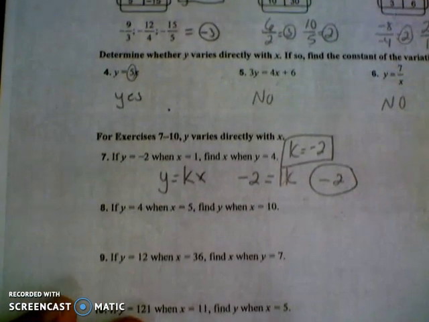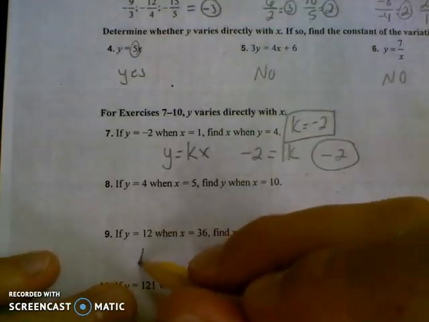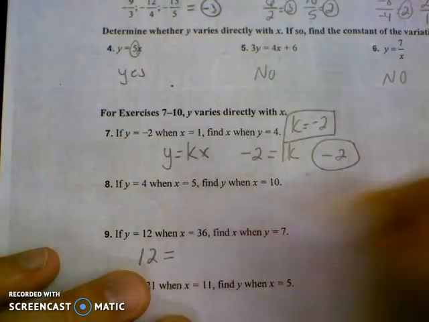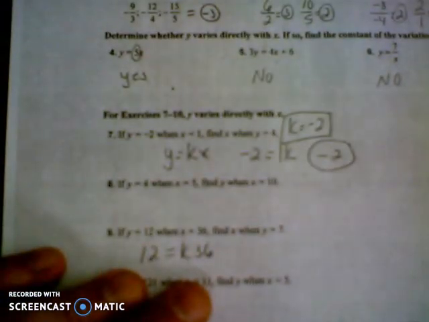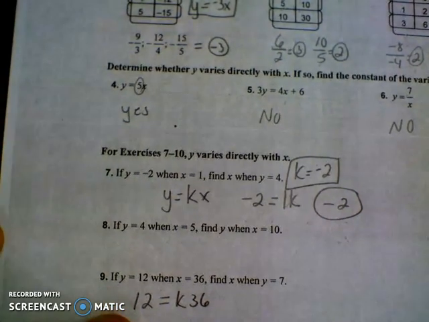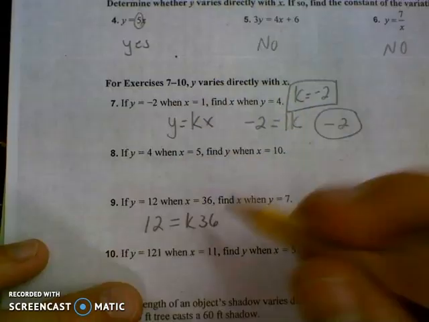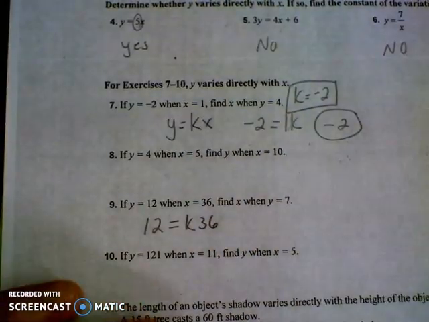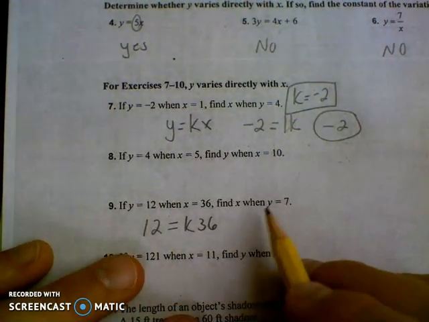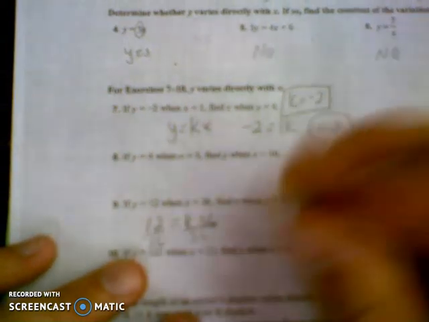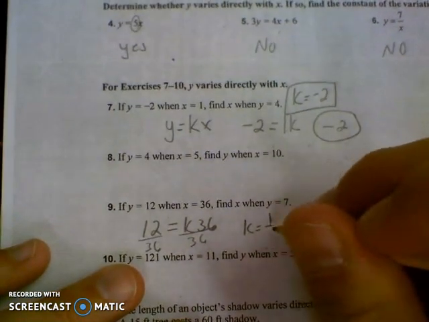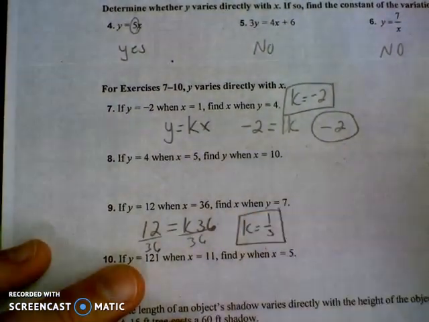We'll do some skipping around now. 12, or y, equals kx. So k times 36 here. We've got to find the answer out here. We're going to divide by 36. So k equals 1/3. That's our constant.